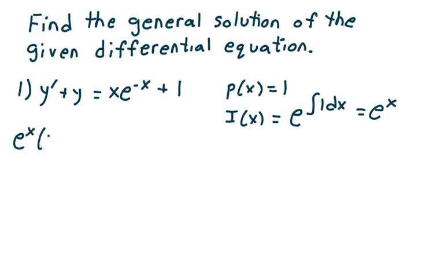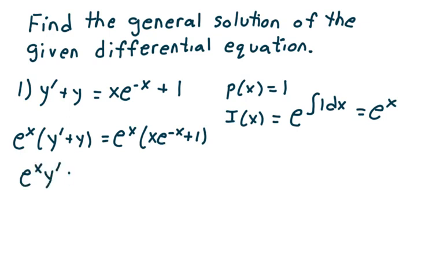So e to the x times y prime plus y is e to the x times x e to the negative x plus 1. Now, this says e to the x y prime plus e to the x y is equal to, if I multiply, I have to distribute that e to the x to each term within the parentheses. And so I'm going to get x plus e to the x.